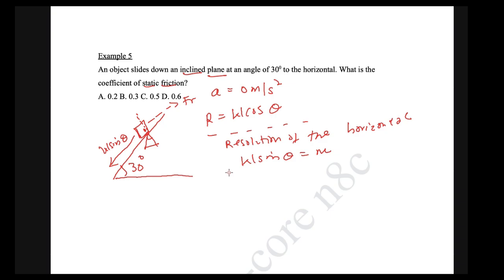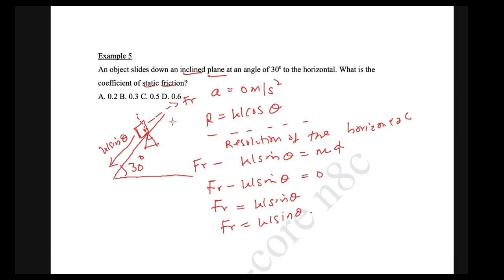Since they are in opposite directions, Fr minus W sin theta must equal MA. Then acceleration is equal to 0, so Fr minus W sin theta must equal 0. Then Fr is equal to W sin theta. We are not given W, so let's just leave it that way: W sin theta.